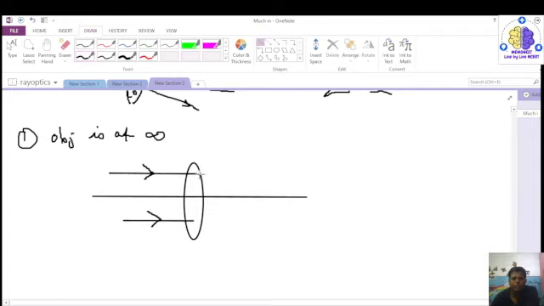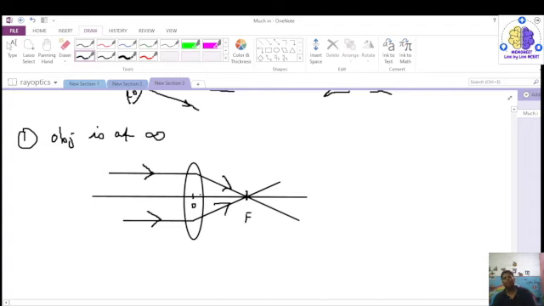Now after refraction, these rays will pass through a point which is known as the focus, right? So this is one of the rays. This is the other ray. So this is your optical center, right? This point will be the focus.